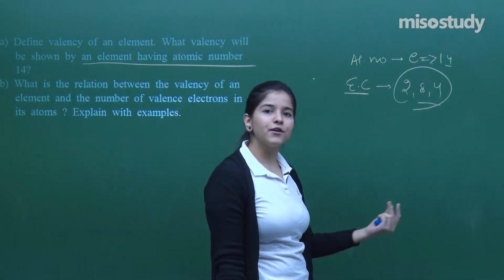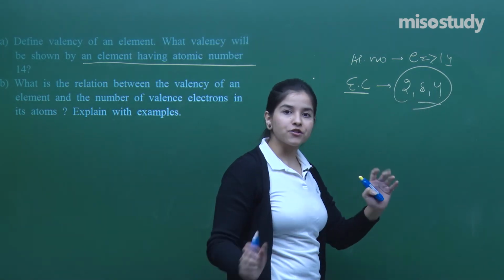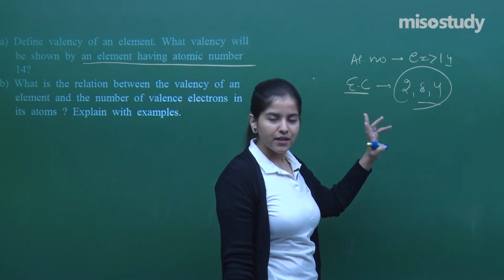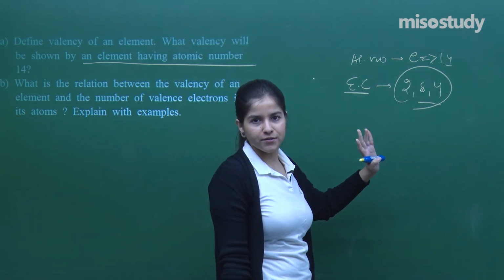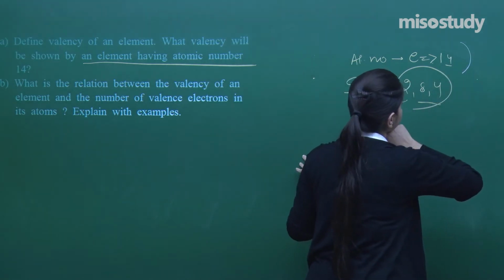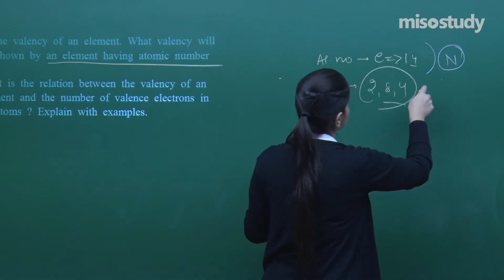Okay. And the third option is it can actually share the electrons as well, just as in the case of carbon. No, it is not carbon over here, but it's kind of similar to that. Okay. And yes, atomic number is 14. You must have guessed it by now. It's not nitrogen.